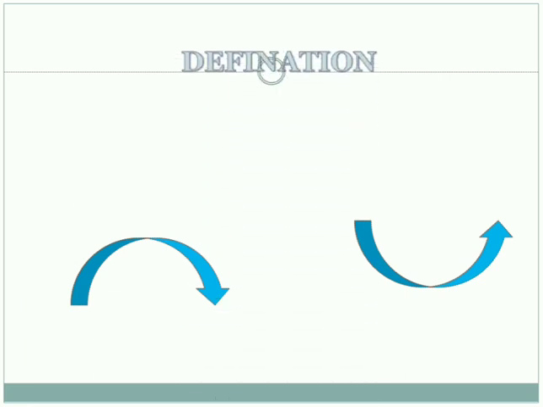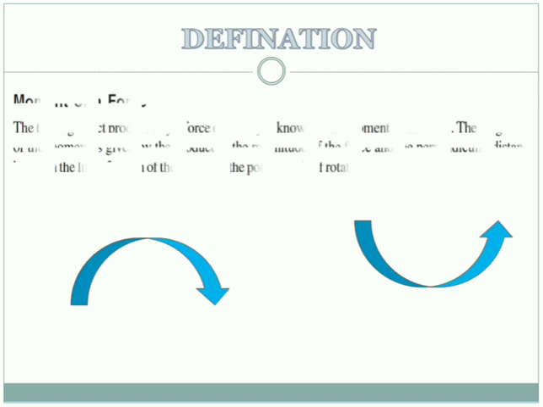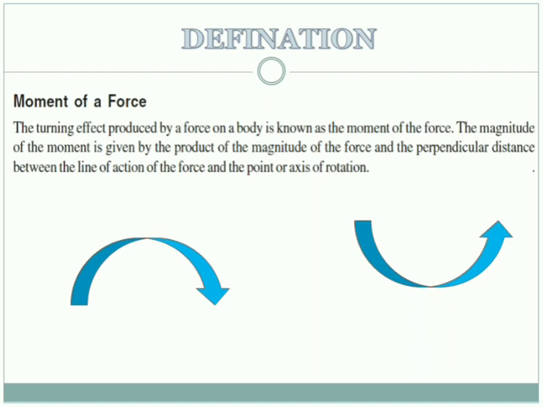Firstly, let me define moment once again for you. Moment of a force: the turning effect produced by a force on a body is known as the moment of the force. The turning or rotating effect which a force produces when it is applied on a body, we term it as a moment of a force.